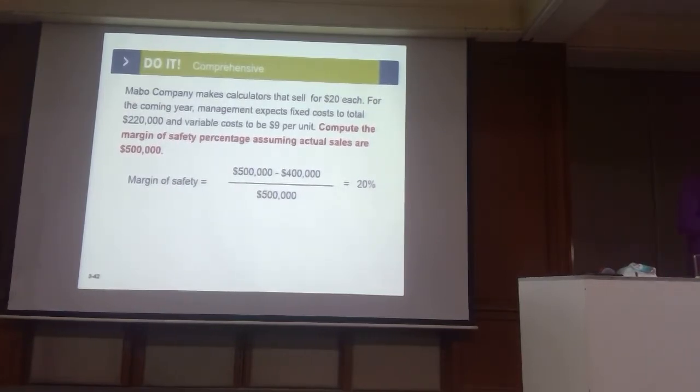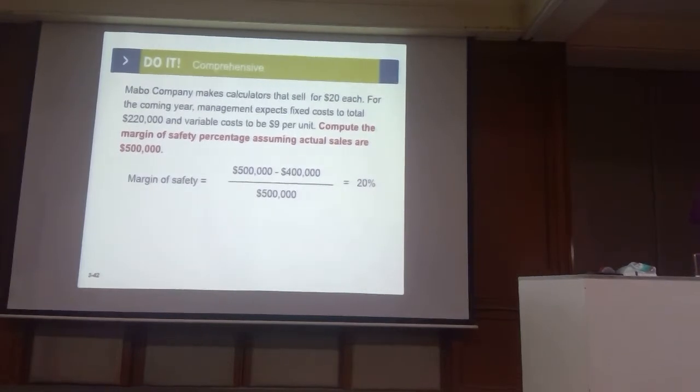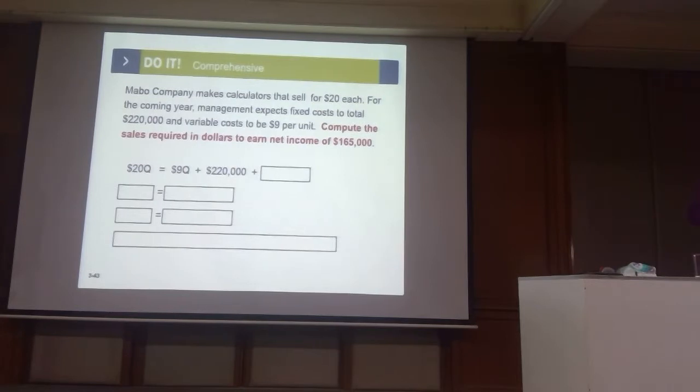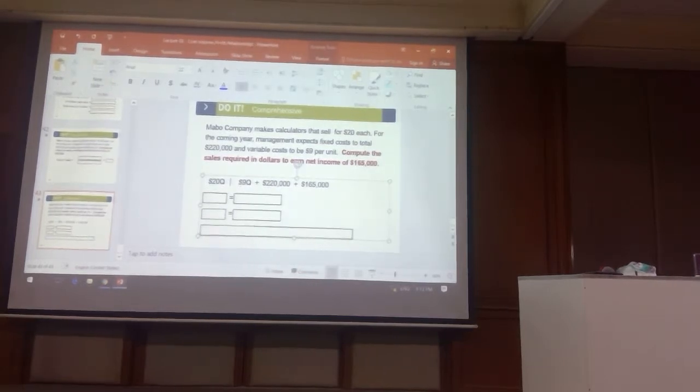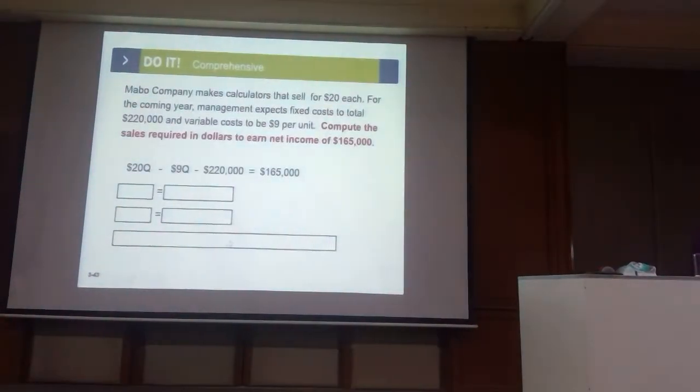And finally, the last question asks you to compute the required sales in order to earn a net profit of 165,000. Let's see. Let me rearrange it into our familiar format, okay? Quite similar to question 1, right?